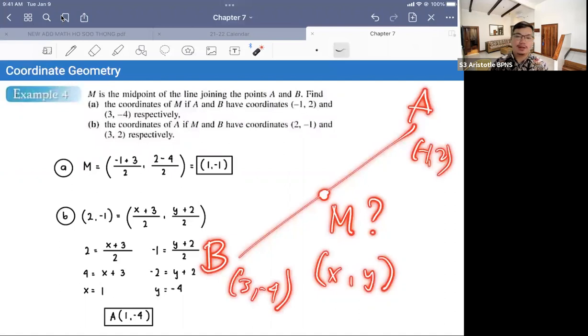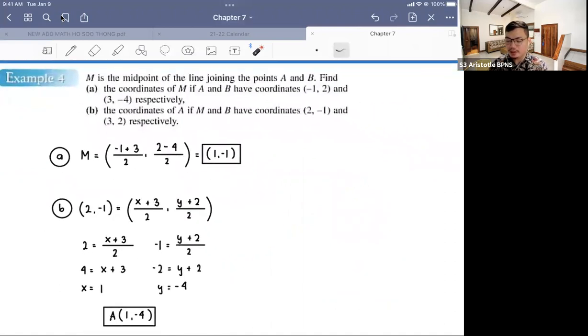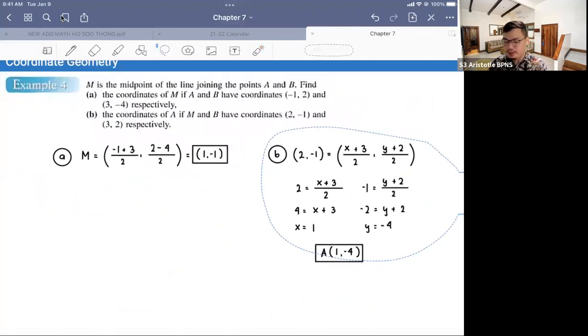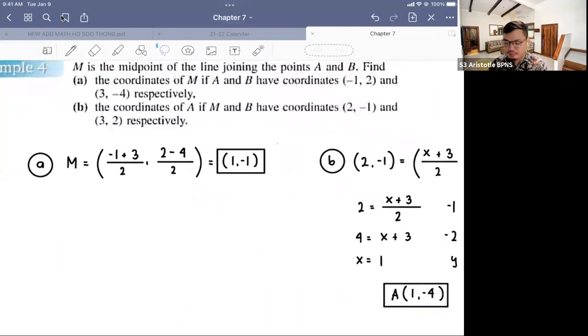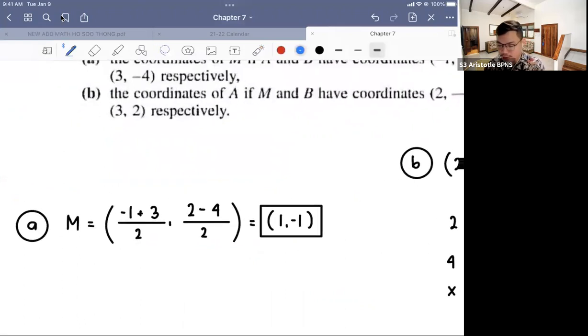So how do we determine the midpoint? Again, using the formula. Sorry, because I didn't write the formula in the beginning, I'll just write the formula on top of this question. Okay, the formula here is this. So to find the midpoint, again, the formula is very simple.